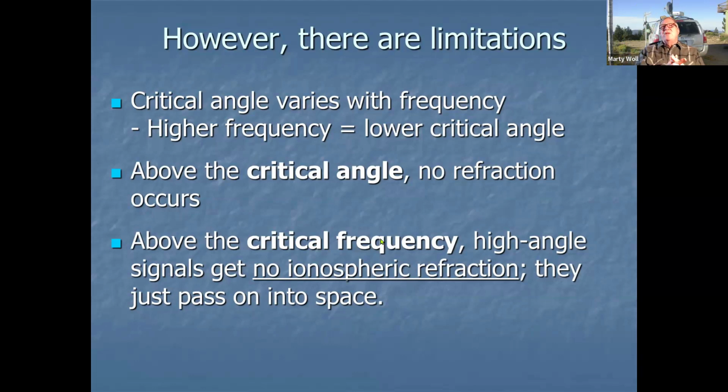This is why you don't really have F2 propagation on 2 meters and on up. It's not possible to have the signal come down because the critical frequency, for any angle, is the highest one that will refract, and that critical frequency never gets as high as the upper VHF bands. They just keep going.